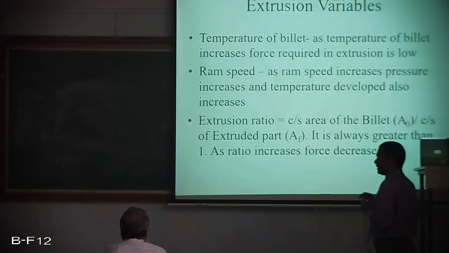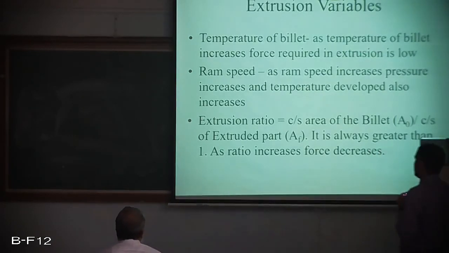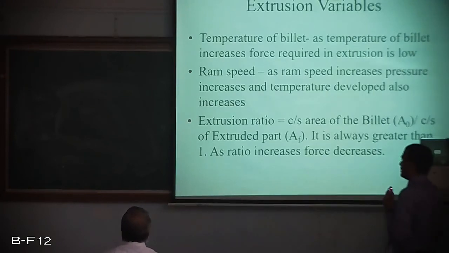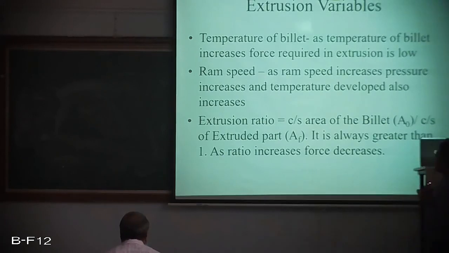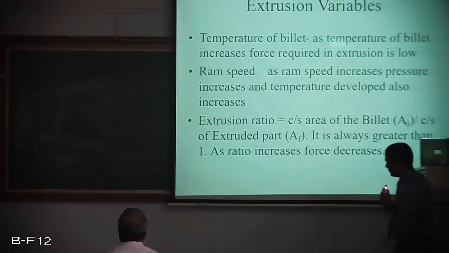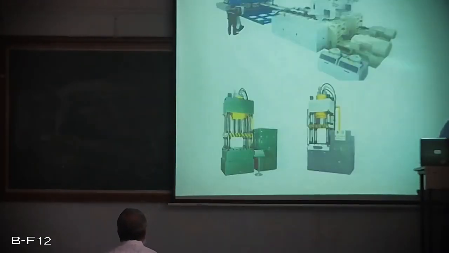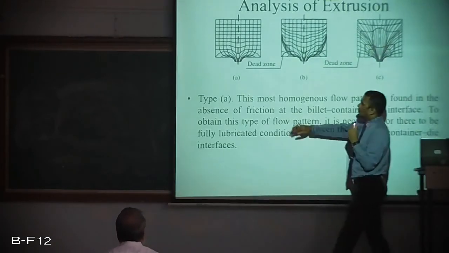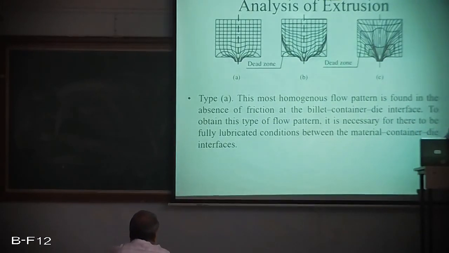Initially, we started with the introduction to extrusion. Then we have the nomenclature of the die, that is the different features of a die. Then we have the classification of extrusion: direct extrusion, indirect extrusion, cold or impact extrusion, and finally hydrostatic extrusion. Then we have the analysis wherein we have discussed the three types of flow that happen in extrusion: when there is no friction, a little friction, practical, and finally more friction.